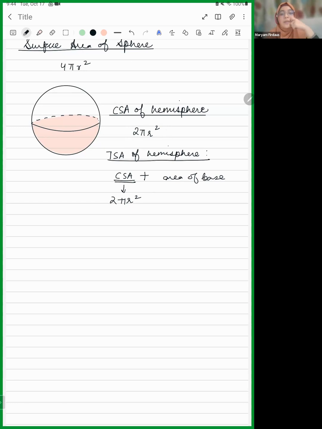And what is the area of the base? Pi r square, right? Over here it doesn't look like a circle, but if you imagine a hemispherical bowl, the base will be a circle. The lid of it will be a circle. So pi r square. That is how we get 3 pi r square.